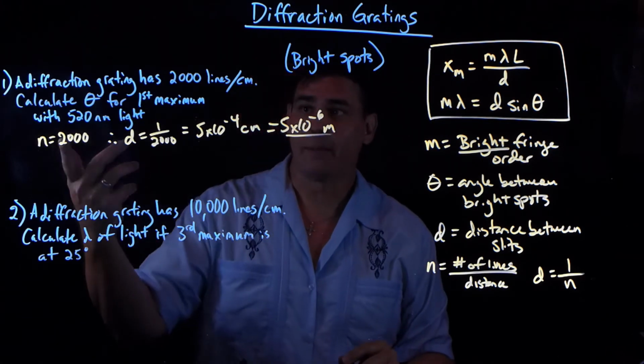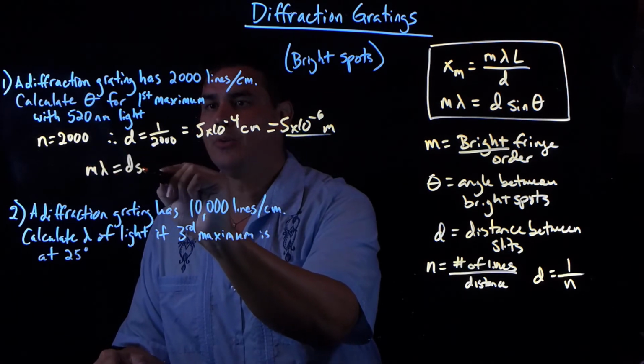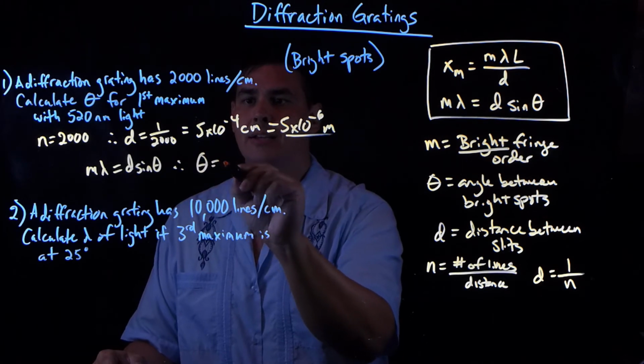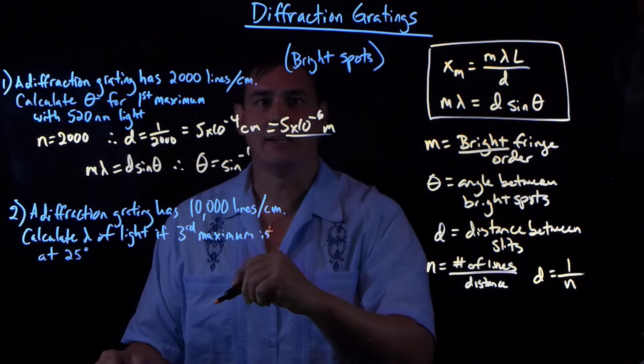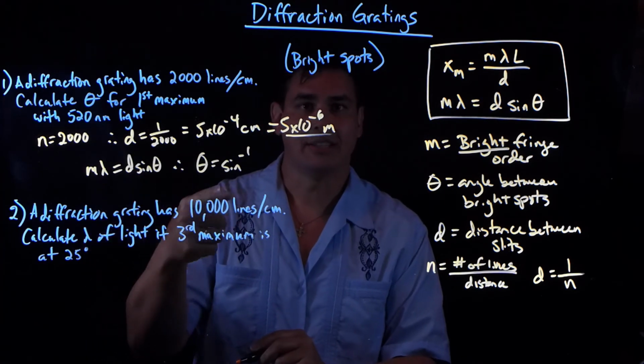Okay, now I can plug in and solve. So m lambda equals d sine theta. So that means that theta is going to be the inverse sine of m lambda divided by d. I'm going to divide the d over, right, and then take the inverse sine.